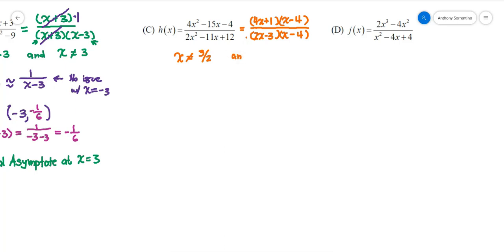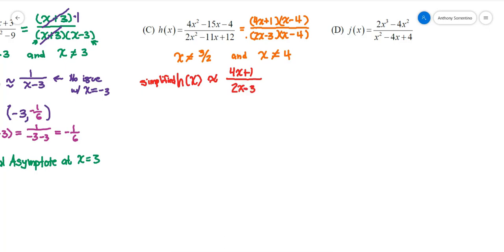And x cannot equal 4, because that's going to cause an issue in the second quantity I have in the denominator. Well, when I look at these functions, h of x can be rewritten in a simplified version. The x minus 4s would cancel. I have the 4x plus 1 and the 2x minus 3.